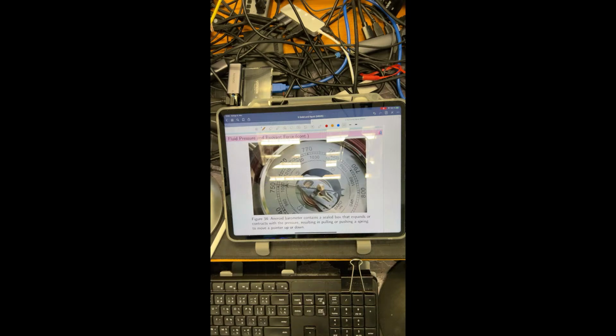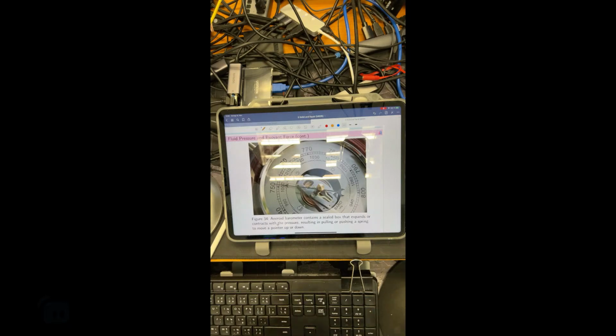And the aneroid barometer is a popular type of barometer. It uses a sealed box, okay, which expands or contracts with the pressure.